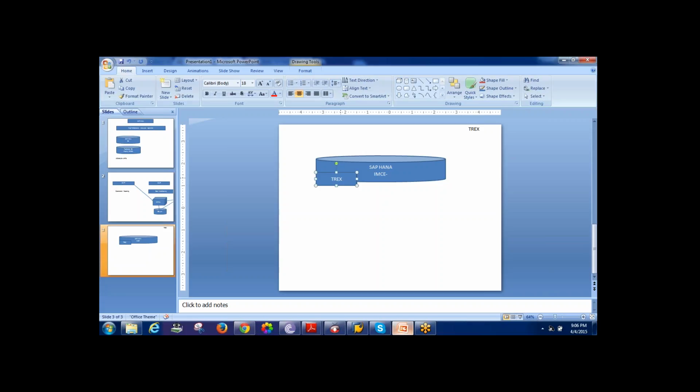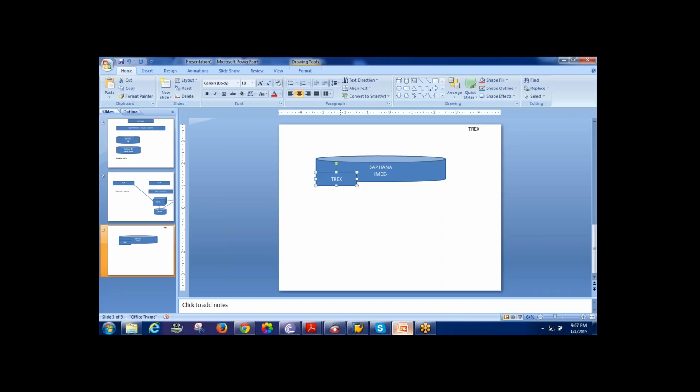Where we are saying this SAP HANA relational database management system is still a relational database management system. What is a relational database management system? The core concept, the primary functionality of a relational database management system is to store the data efficiently.